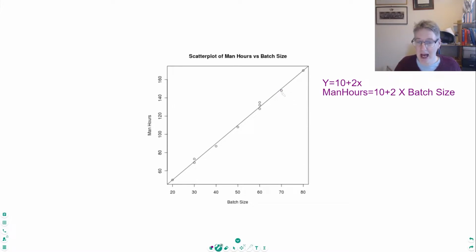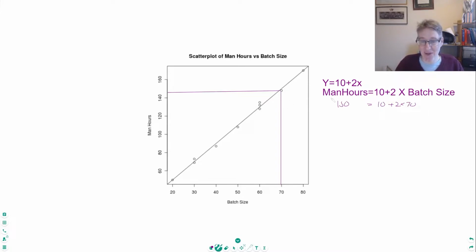If I drop a line down here, the man hours is about 150, and 10 plus 2 times the batch size, which is about 70, fits in with my overall equation of the straight line.